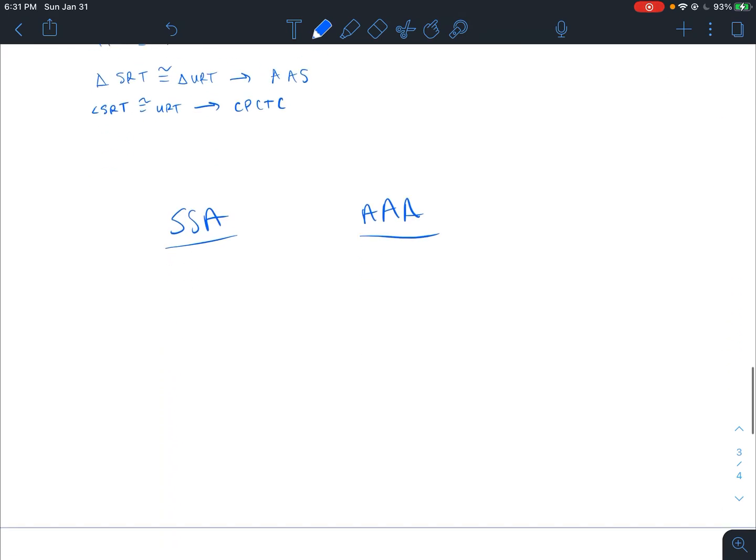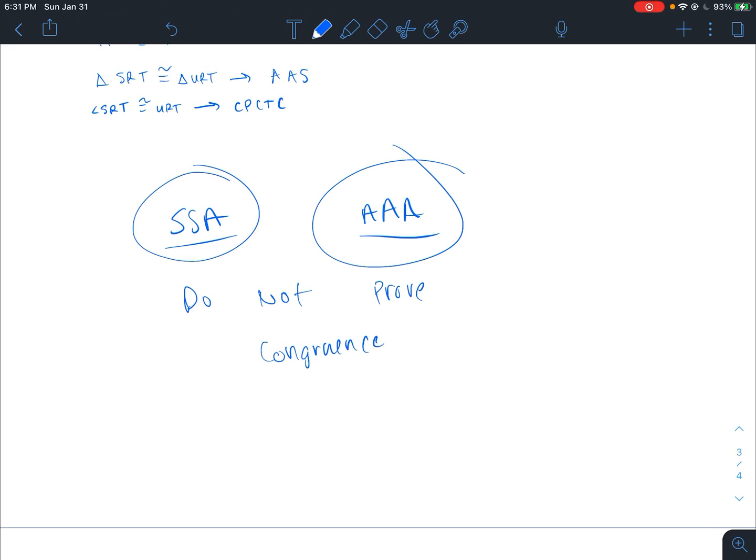Now these right here, side side angle and angle side side, do not prove congruence. So remember that. There's no postulate which says that these prove congruence.